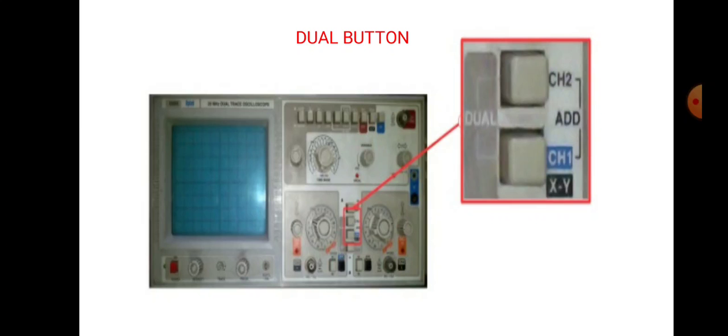We call this dual mode. It is usually used to measure the phase difference between the two signals. This is called the dual button.